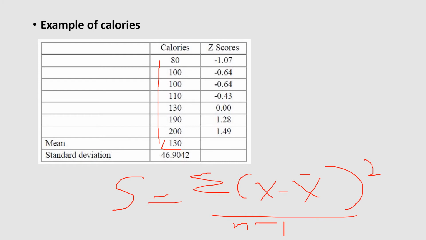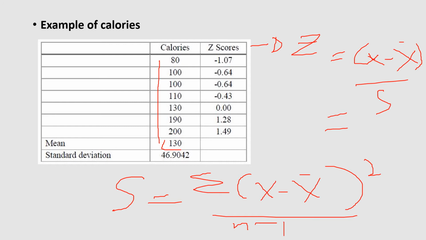And there you go, you get the standard deviation, which is 46.90, and then that's when you can start calculating the z-scores. Z equals x minus x bar divided by s. So if you calculate it yourself, you can just have the calculator in your hand.